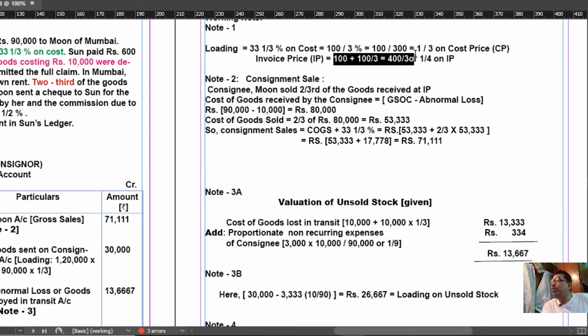Mind it, if 1/3 on CP is there, then you have to remember that it is 1/4 on IP.